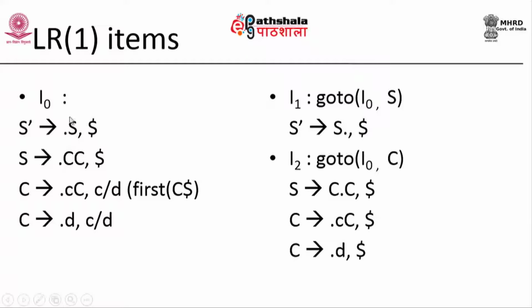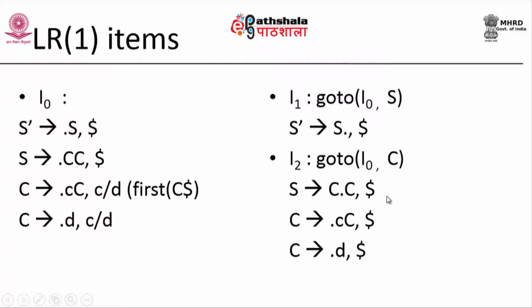Now, goto of I naught comma S will be shifting the dot by one position to the right and having the dollar as it is. So, S dash produces S dot comma dollar, and I2 will be goto of I naught comma C. So, this is going to be shifting the dot by one position to the right. Now, this is again my B, beta is again epsilon, dollar is here.